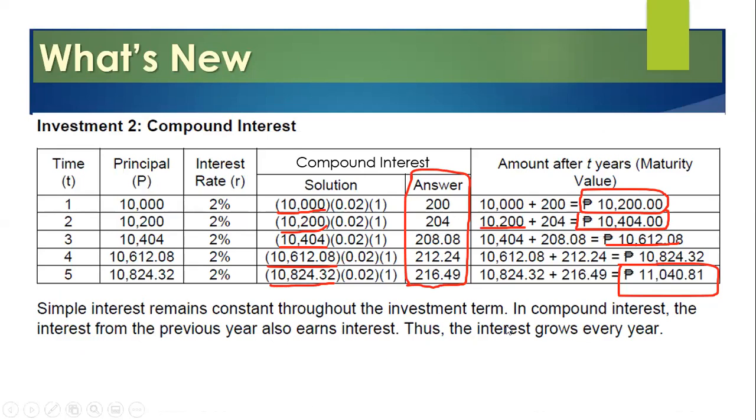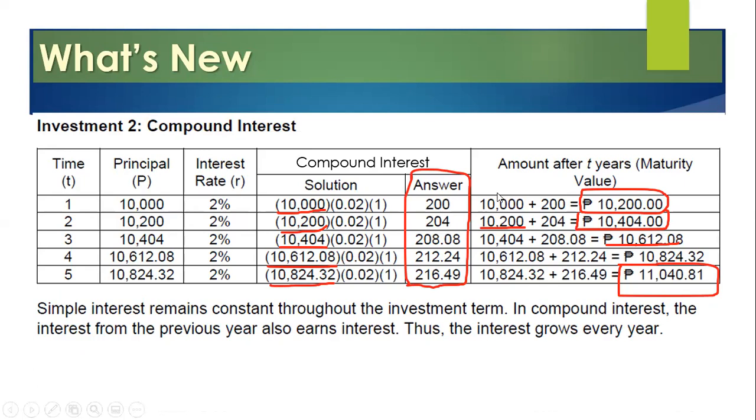So, yung sa simple interest kanina, laging 200 lang yung nadadagdag sa pera ko. Pero dito sa compound interest, okay? So, the interest from the previous year also earns interest. So, yun yung sinasabi ko na nag-i-interest din yung previous money ko. Okay? So, thus, the interest grows every year.